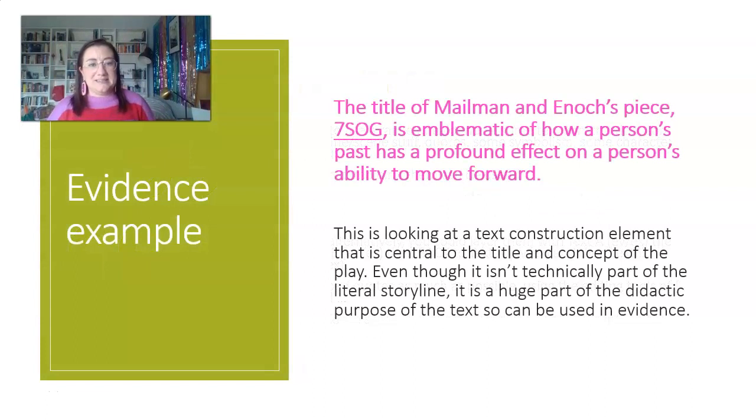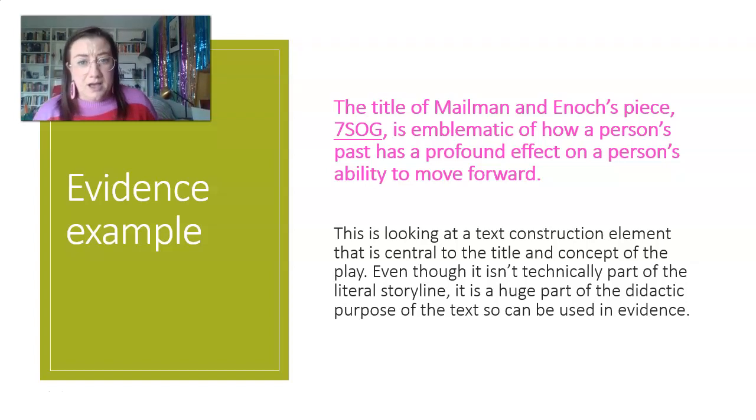So here's an example of my evidence. I decided to use a piece of evidence that was quite unusual, because I wanted to show you how you could use unconventional pieces of evidence to prove your points. This would fall under the category of text construction.